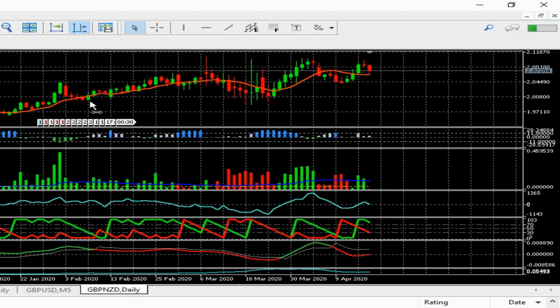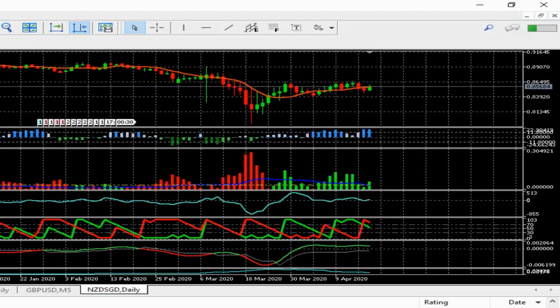No trade. Okay, and then there are a few more pairs that you could add in there. I'm going to add in the New Zealand Singapore dollar, and again that is a no trade. But yeah, no trade there.